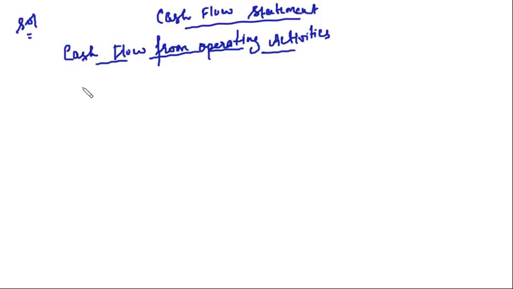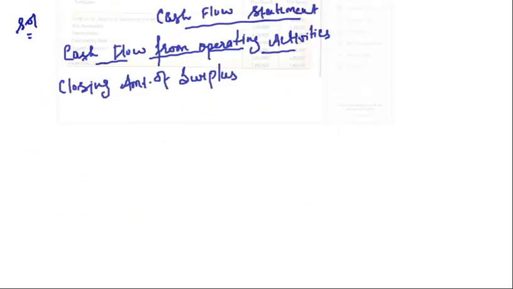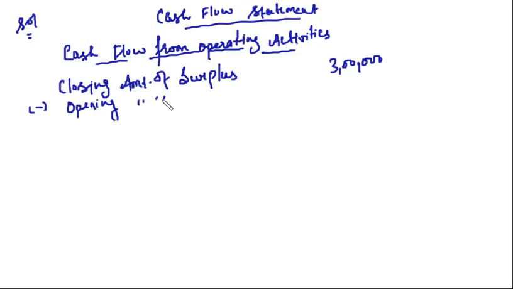Now to calculate how much surplus is earned during the year, what we are going to do is take the closing amount of surplus. What is the closing amount of surplus? 3 lakhs, minus opening amount of surplus, that is 2 lakhs.